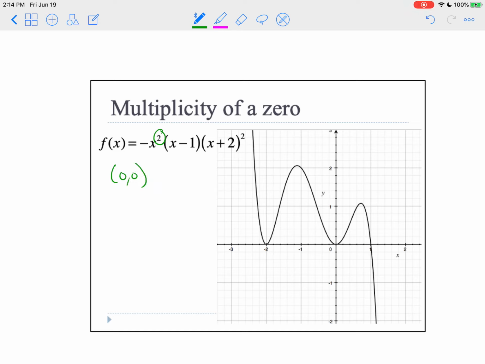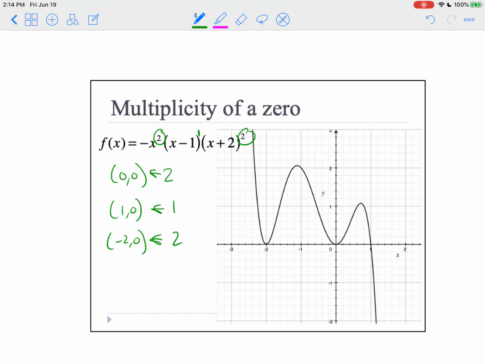The point 0, 0 is an x-intercept. The multiplicity of this 0 is 2. The multiplicity of this 0, 1, 0, is 1. And the multiplicity of this 0 right here, -2, 0, is also 2.